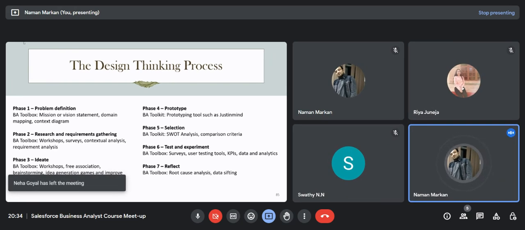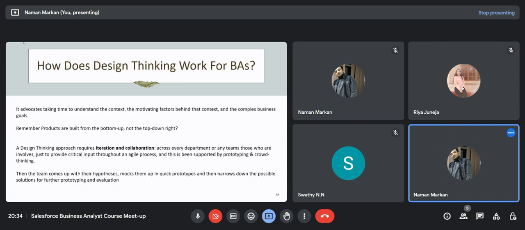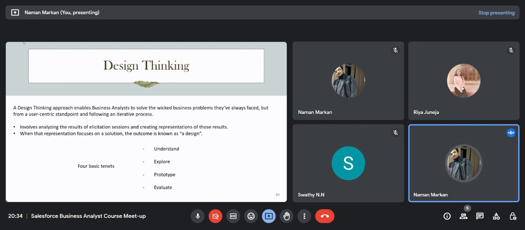But this is what design thinking is all about, and how design thinking works, and what are the principles involved in design thinking. So in conclusion, we can say that design thinking has to be easy enough to understand, and this approach gives a full furnished outcome.